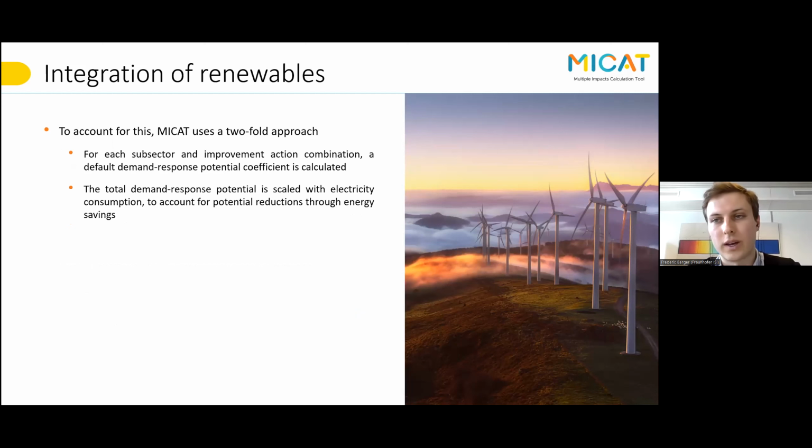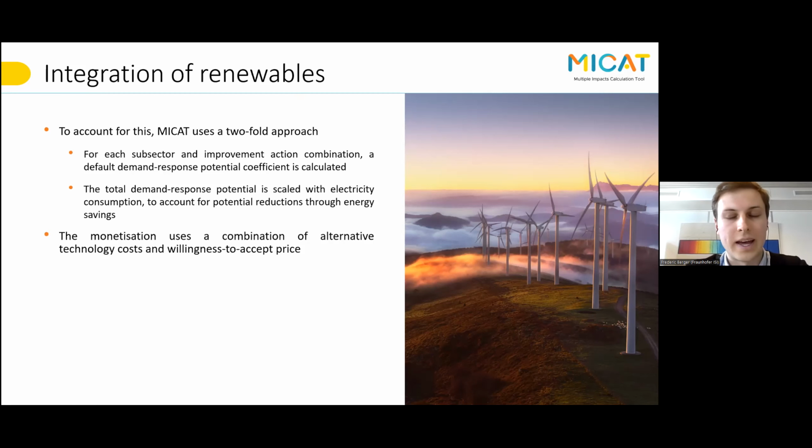And on the other hand, we look at the different sectors and the different improvement actions and have specific coefficients, basically saying a certain industrial sector is more likely to have those demand response potentials than another. And by this, we adapt the electricity consumption with those coefficients to make viable estimations of demand response potentials and their change through energy efficiency measures.